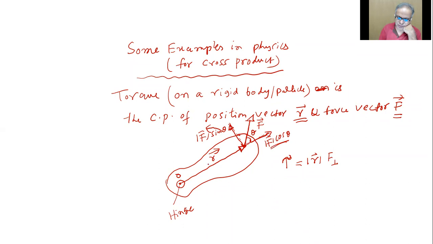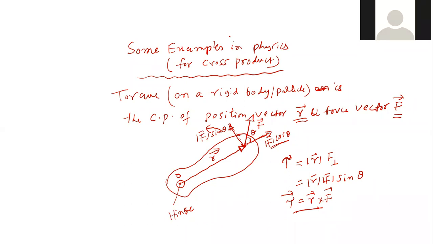This is F perpendicular to R. That will be mod R mod F sine theta. Or in short form, tau bar equals R bar cross F bar. So this is the first and foremost and famous popular example for cross product.